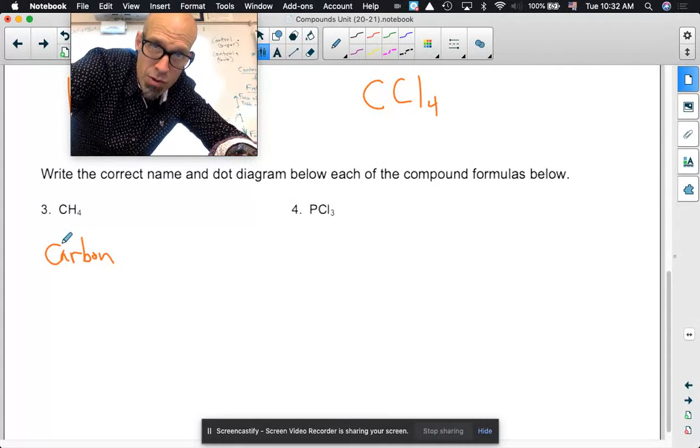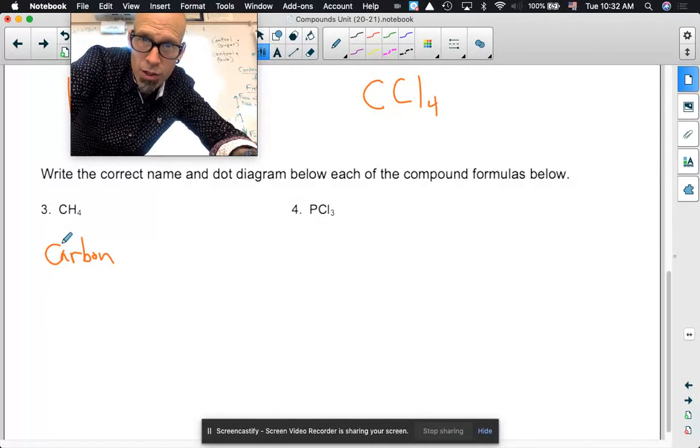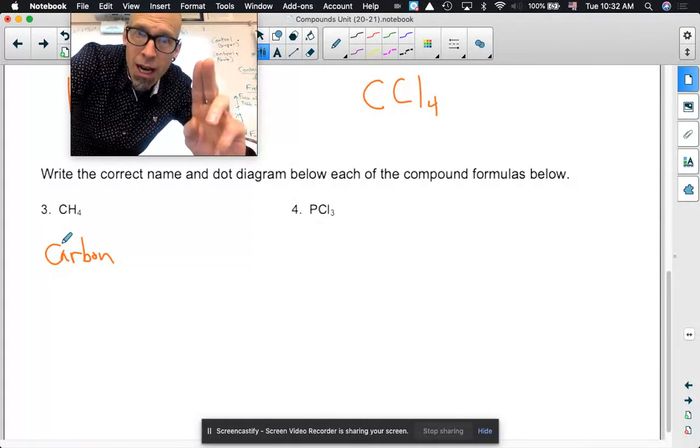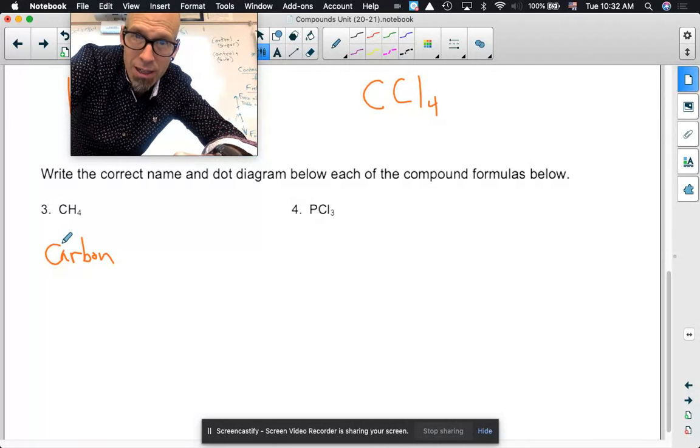Now, how do you say hydrogen in this name? You don't say carbon tetrahydrogen. Remember, you have to replace the suffix with "ide." Is it hydrogide? No. Remember, nitrogen, oxygen, and hydrogen, all the ogens, you're going to lose the whole ogen. So instead of hydrogen or hydrogide, it's hydride.